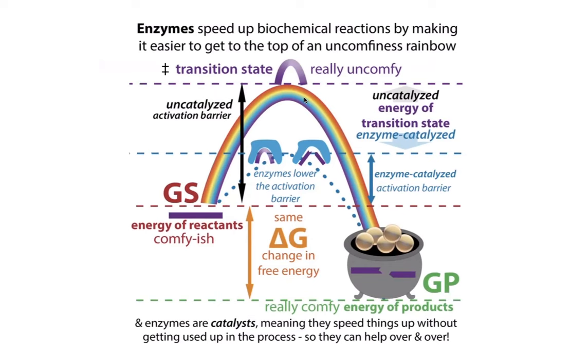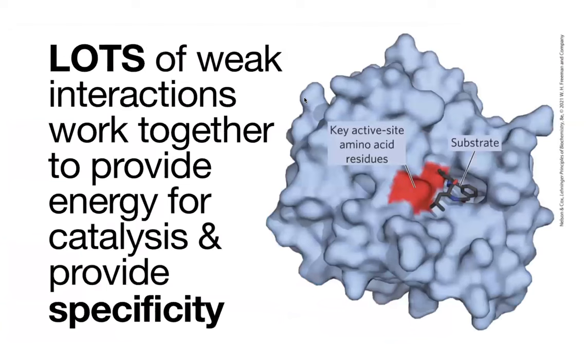They can do this in a variety of ways, including making lots of weak interactions with the substrate that are going to help provide the binding energy to offset the cost, and they're going to provide specificity. Sometimes the enzymes actually get directly involved in the reaction by forming covalent intermediates. But often it's just going to be non-covalent interactions. And even if it has covalent interactions, the bulk of the power is really coming from that non-covalent stuff.